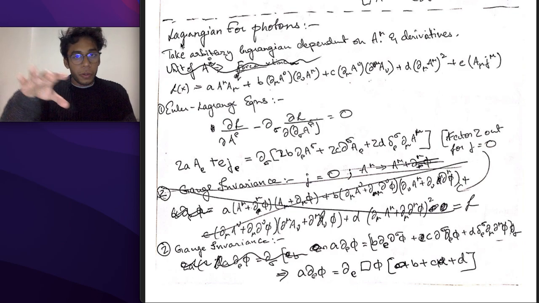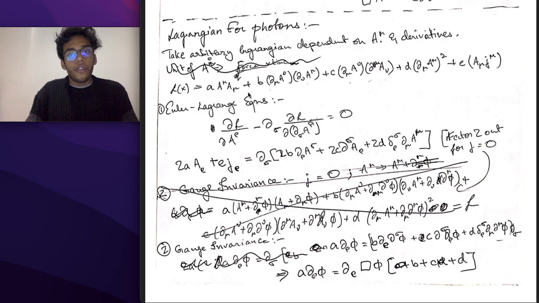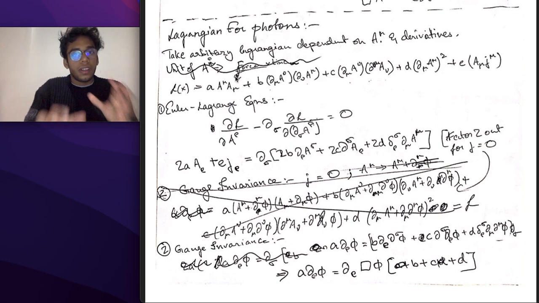You can see all the permutations and combinations of A mu and dou mu A mu arranged together, and we know that the Lagrangian is of the order of two derivatives of A mu because it is F mu nu F mu nu, which is a multiplication of two A mu's in each term.